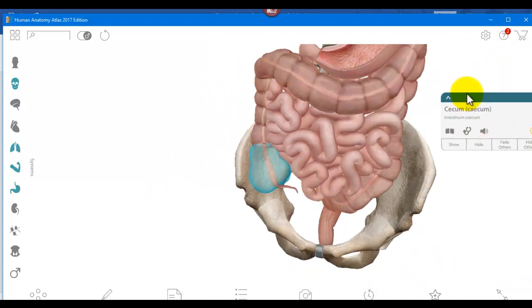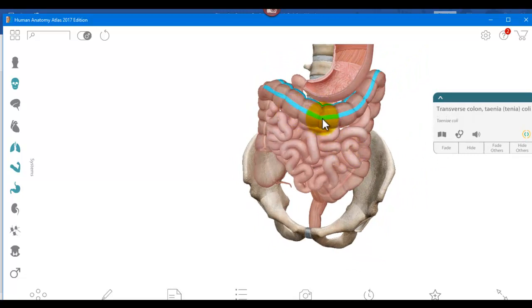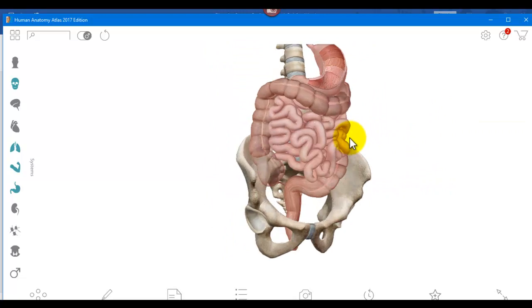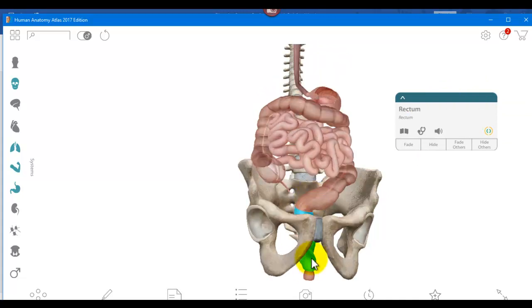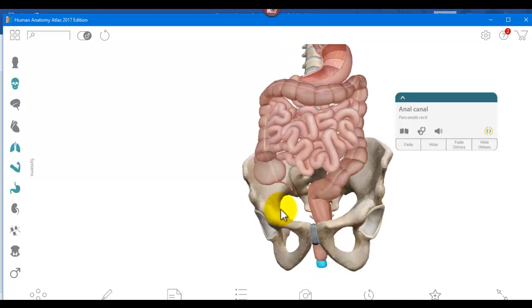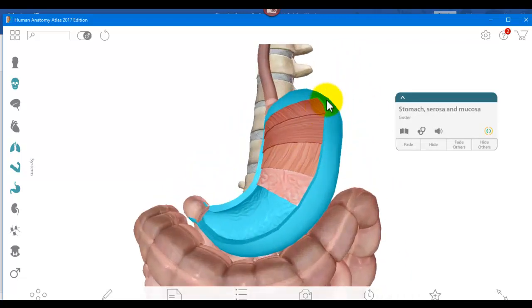The colon goes around this way. Here, that's the transverse colon with the taenia coli. And then towards the back, there's the sigmoid colon. It makes a little curve. That's the rectum, and then at the very bottom, that looks like the anal canal. So that's the entire alimentary canal, one long tube.